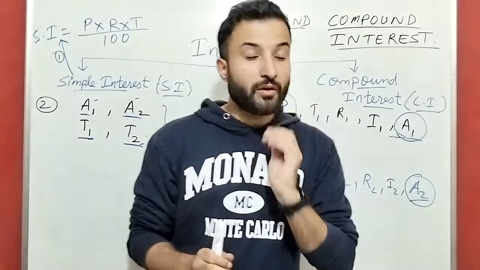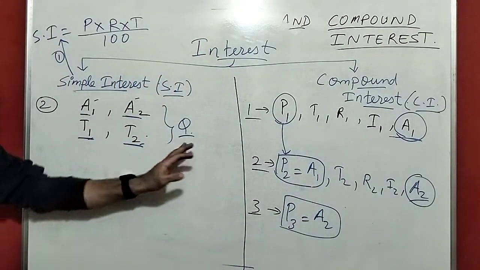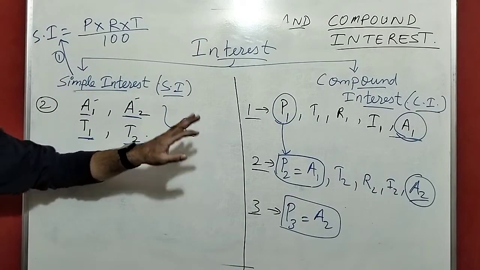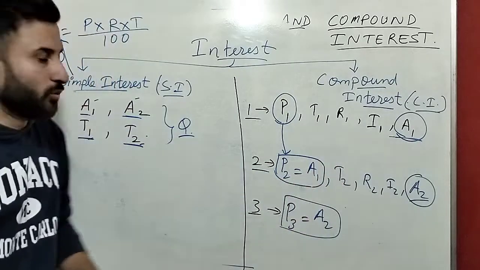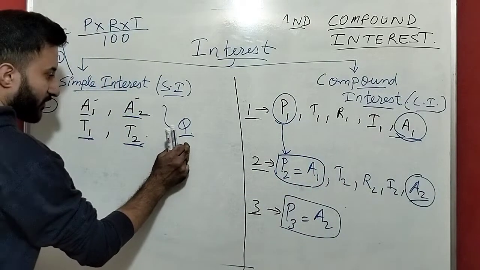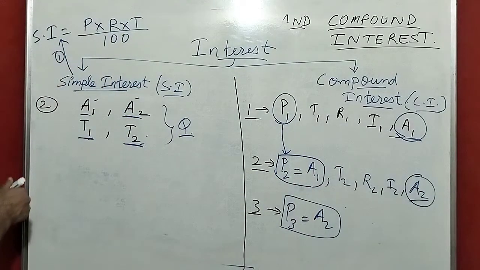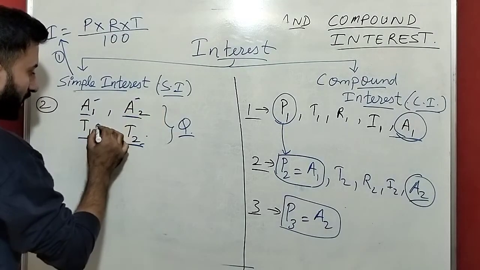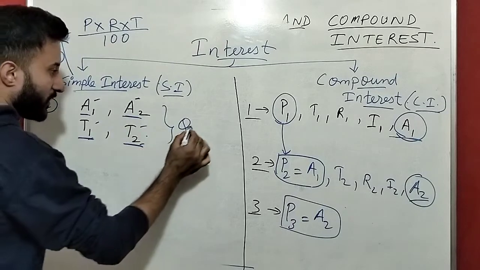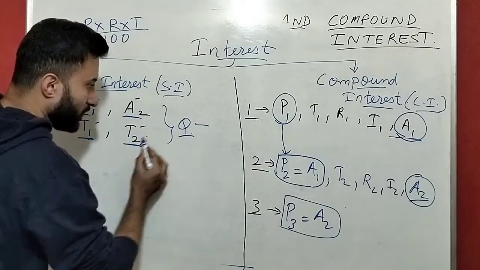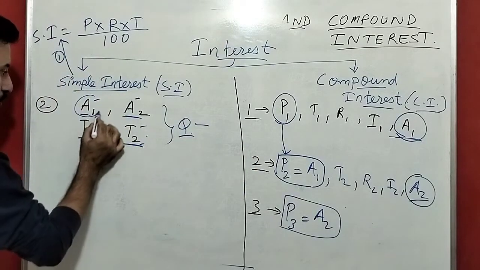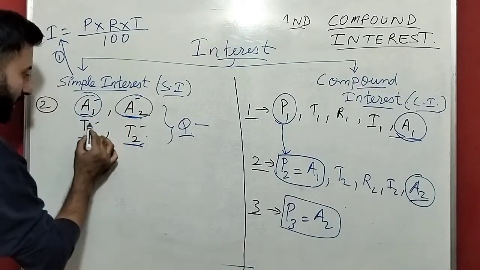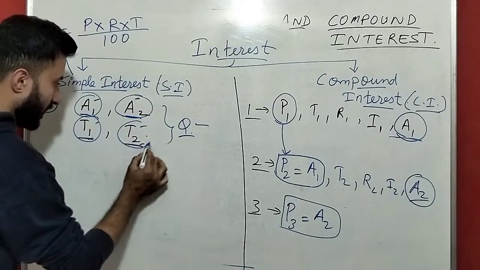So guys, just remember the concept. When we do the questions, I will tell you. If in the question two amounts are given and two time periods are given, while reading the question you will see that we have two amounts and two time periods.